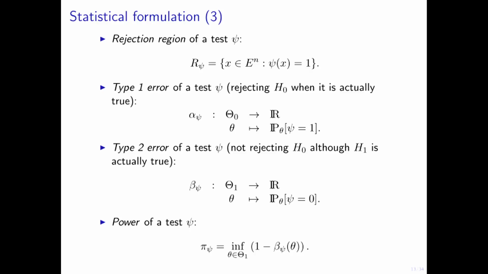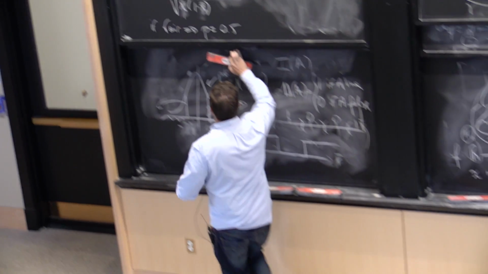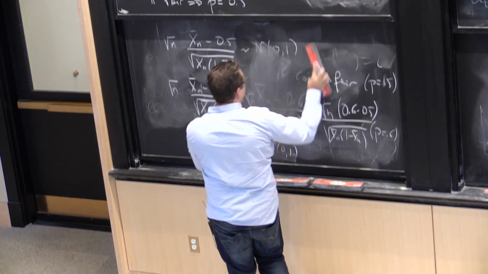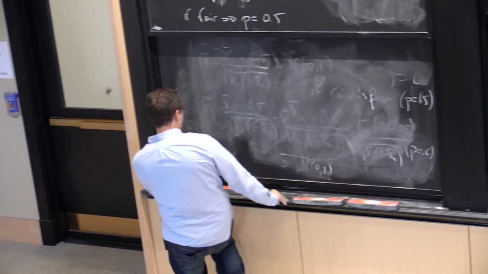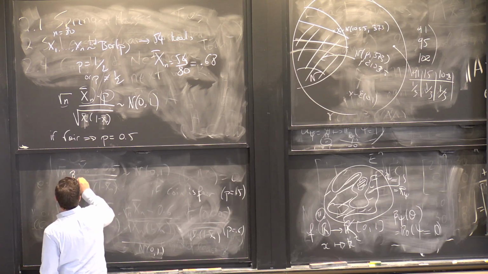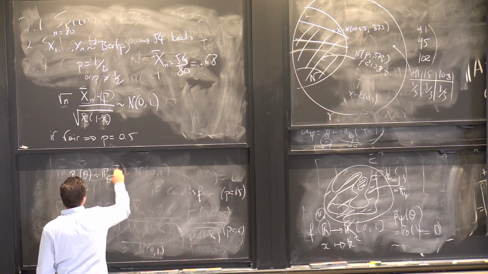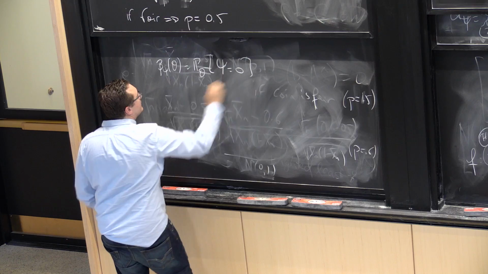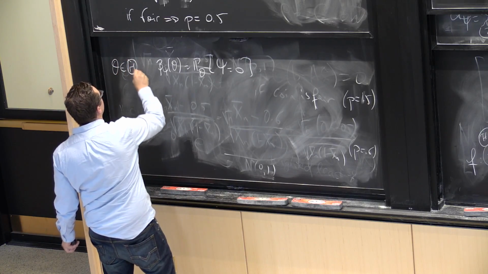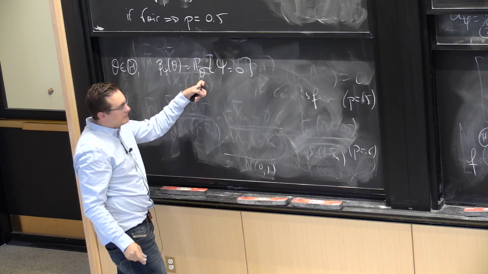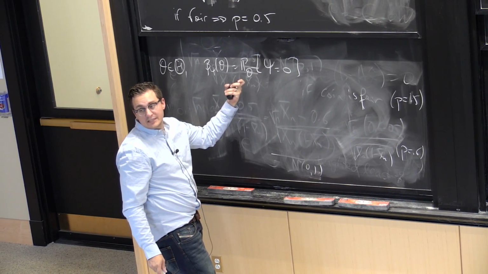So maybe I should actually expand a little more on this. Beta psi of theta is the probability under theta that psi is equal to 0, right? That's the probability, for theta in H1, in theta 1, which means under the alternative, that I fail to reject. And I really should reject because theta was actually in theta 1.